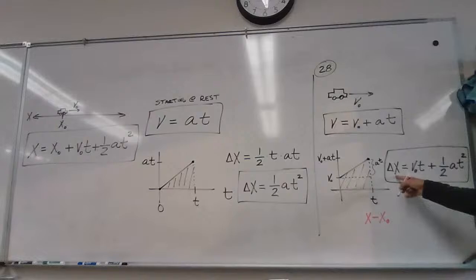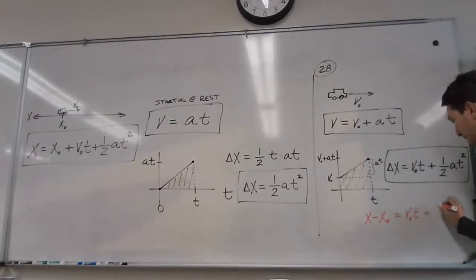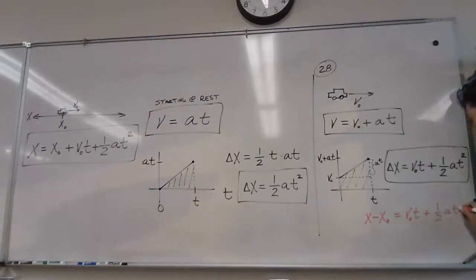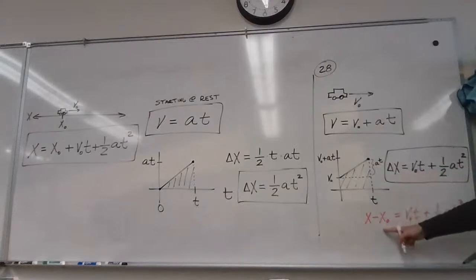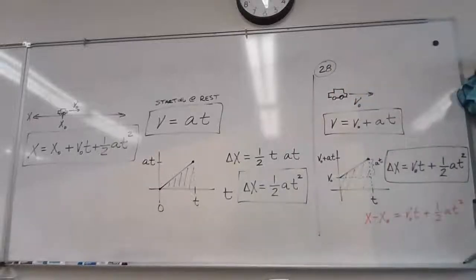If I take this formula, replace delta x with x minus x naught, and then add the x naught over to the right-hand side, I get my formula, that one right here. If it doesn't make sense, my recommendation is to spend some time thinking about it, and I'd be glad to meet with you and discuss it if you have further questions.